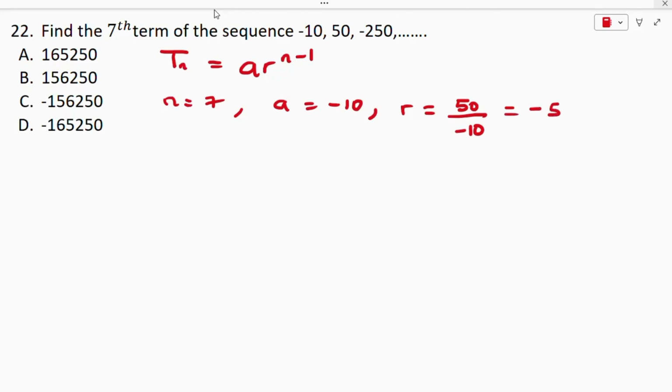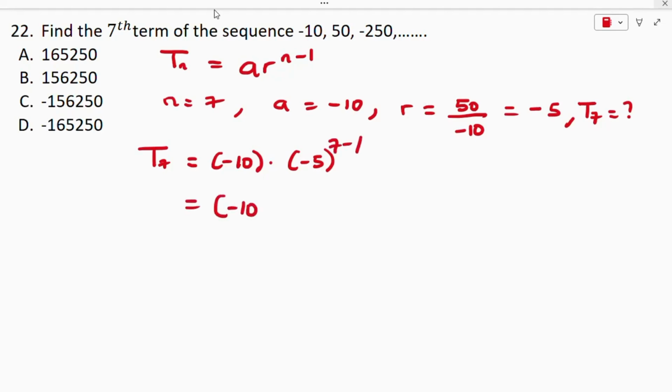So we have the common ratio to be minus 5, and we are looking for C7 right here, which is the seventh term. So we have that C7 is equal to a, which is minus 10, multiplied by r, which is minus 5, raised to the power of n minus 1, which is 7 minus 1, which is equal to minus 10 multiplied by minus 5 raised to the power of 6.